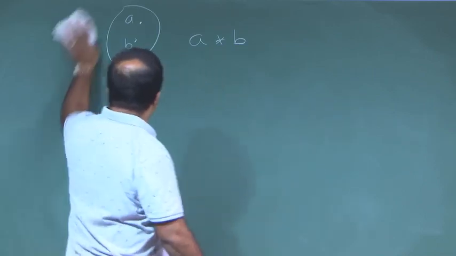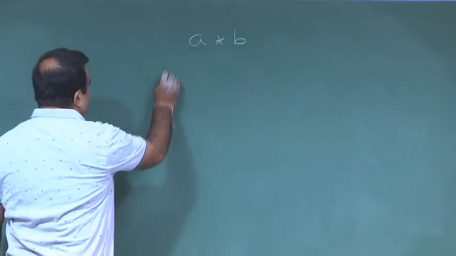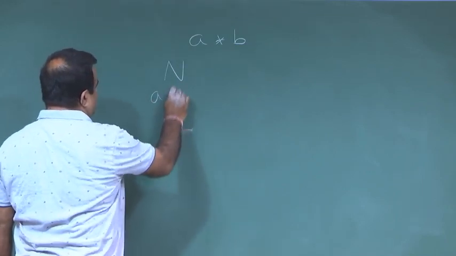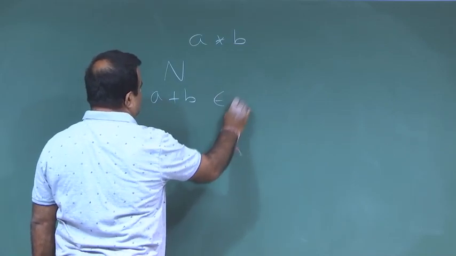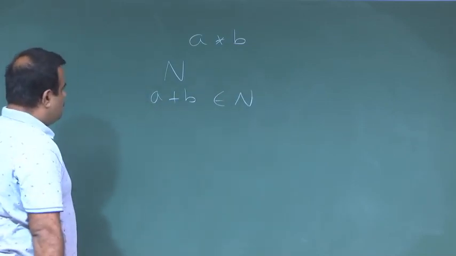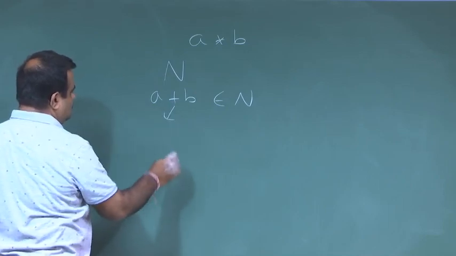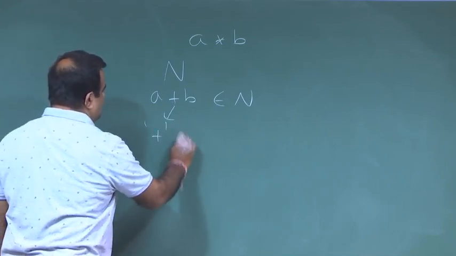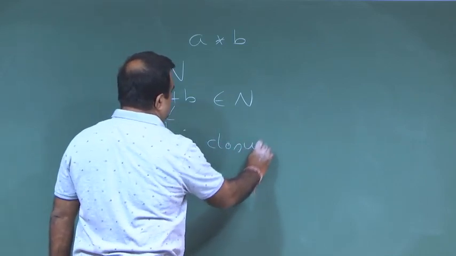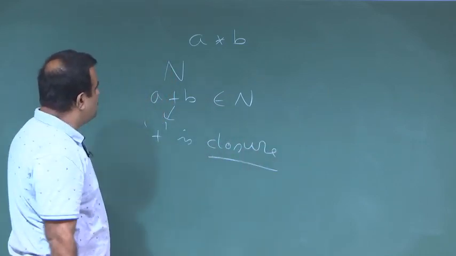If we have the natural number set and take a plus b, then this also belongs to N. So this addition is closure. This is called the closure property. So what is the closure property?